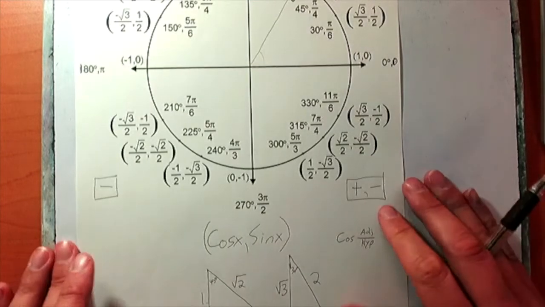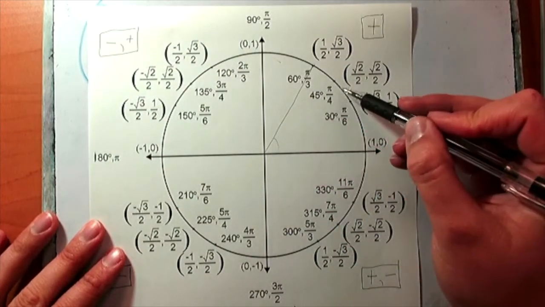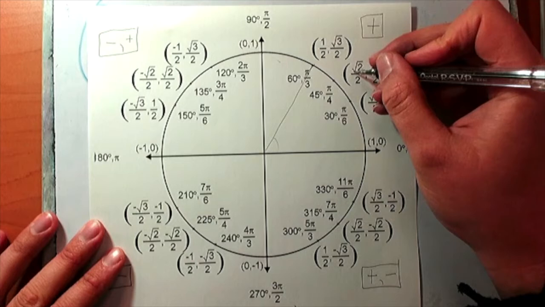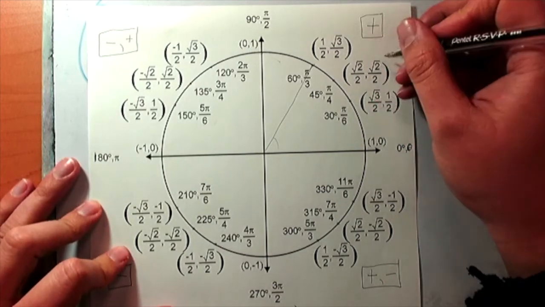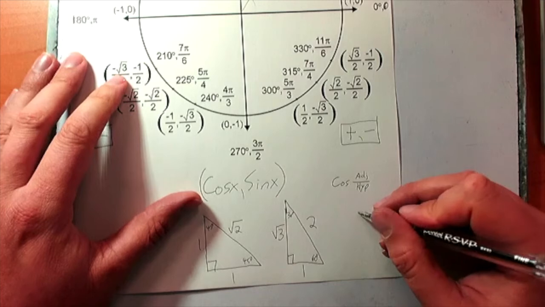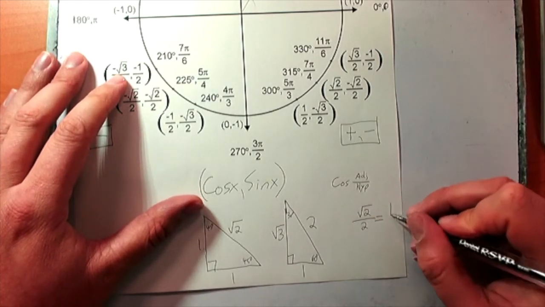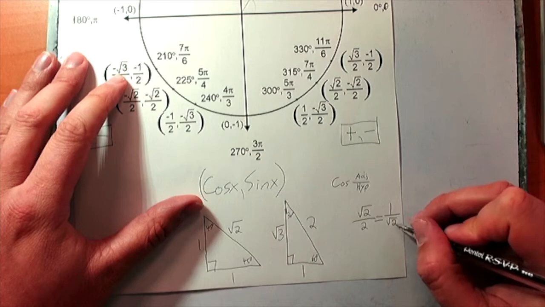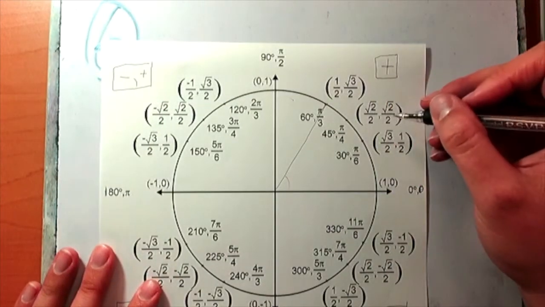But hold on, let's go back up to this circle. Cos of 45 is 1 over √2. Turns out that is equivalent. Turns out √2 over 2 is the same thing as 1 over √2. This is just a fancier way of writing it in math.